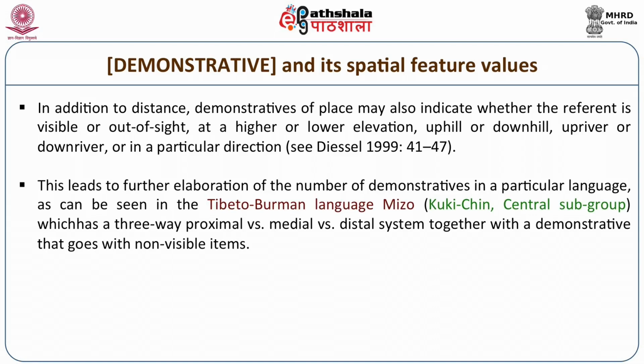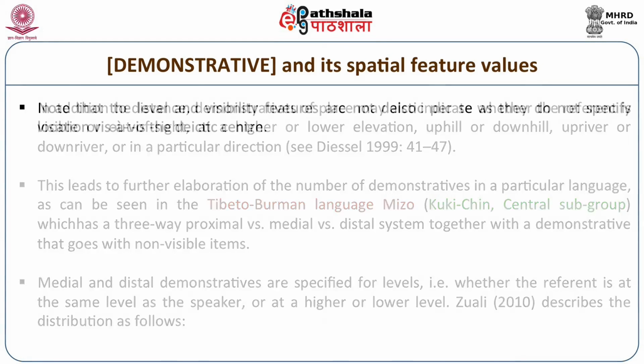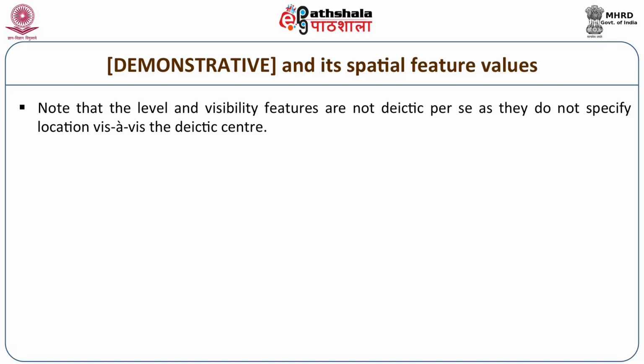Meʔen has a three-way proximal versus medial versus distal system, together with a demonstrative that goes with non-visible items. Furthermore, medial and distal demonstratives are specified for level. That is, whether the referent is at the same level as the speaker or at a higher or a lower level. Note that these level and visibility features are not deictic per se, as they do not specify location vis-a-vis the deictic center. They are additions to deictic pronominals.